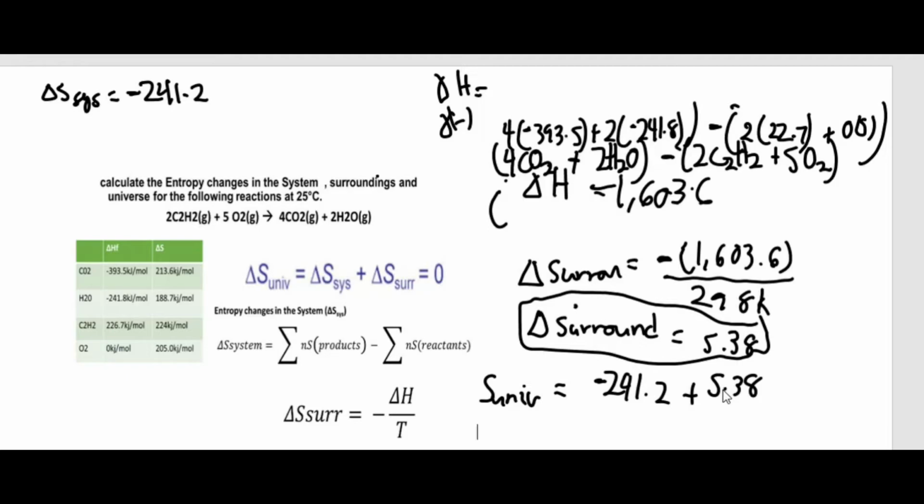That's S universe is negative 235.82 kilojoules per mole. That would be our final answer.